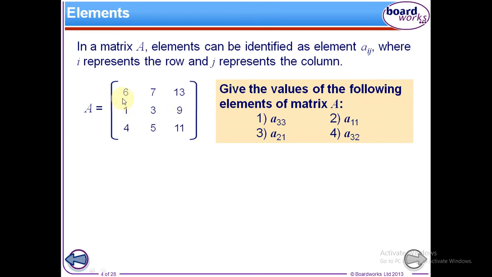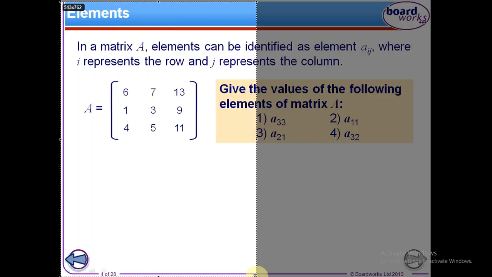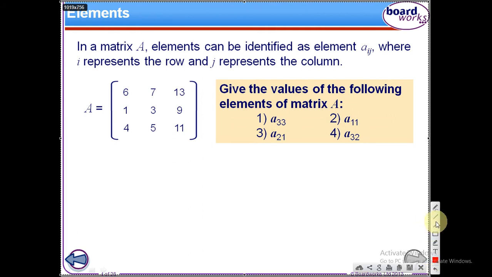Guys, let me quickly explain some basic concepts here. Let me just use my print screen now. If you are familiar with Excel, this is row 1, row 2, and row 3. So can I just put there R1, R2, R3.